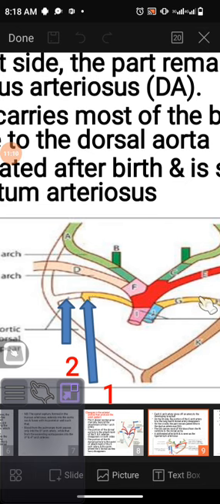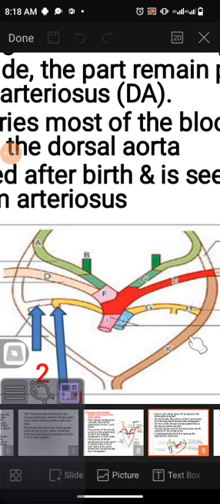Okay, on the left side, it's going to remain patent. It's not going to regress, and this patent side is going to become the ductus arteriosus, which will later become the ligamentum arteriosus.